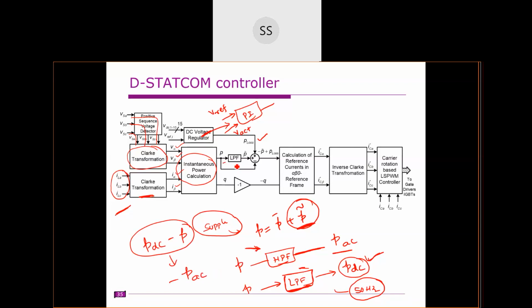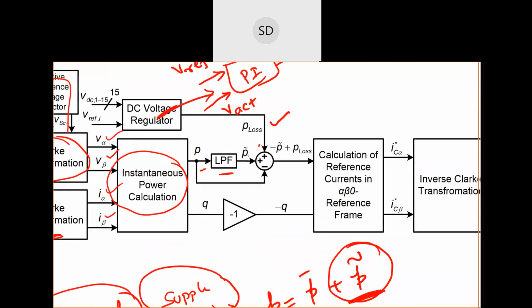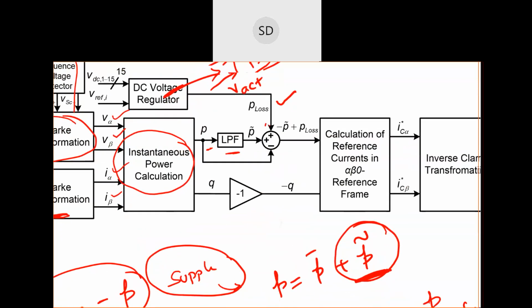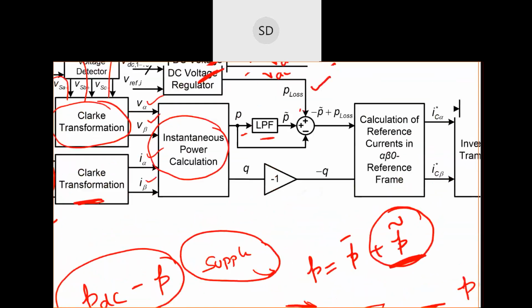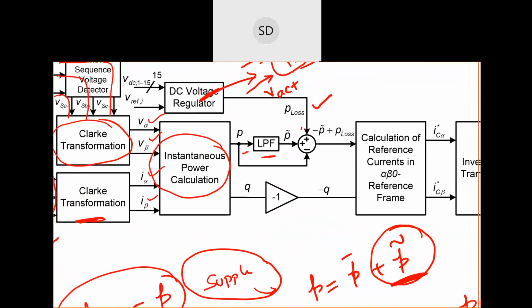So this is P. By using a low pass filter, I generated this AC component. This is wrong here. This is bar. So this is bar here.